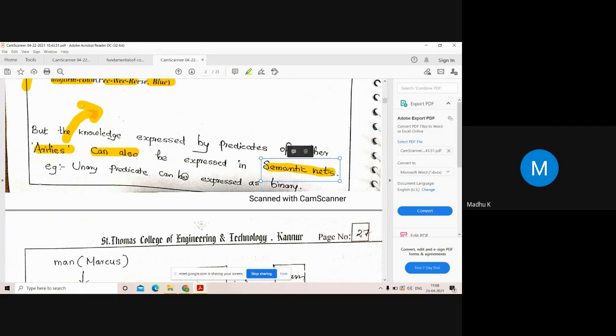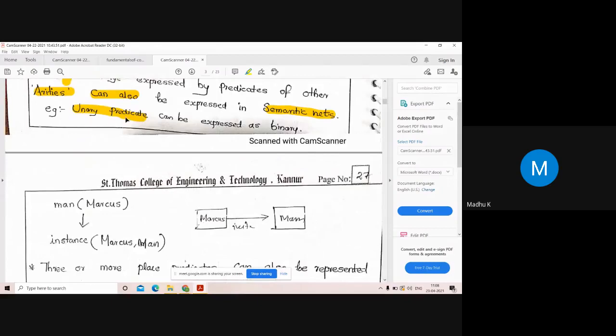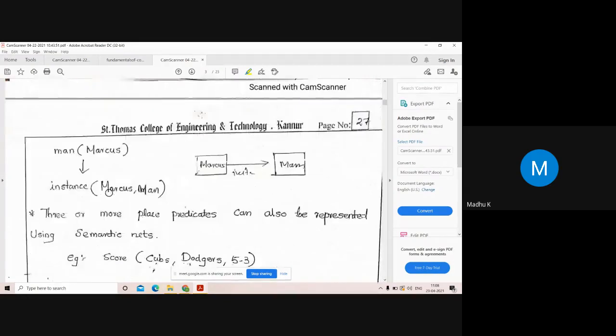For example, the unary predicate case. First, we are taking the unary predicate case. How can we handle it? For example, man(Marcus). This is a unary predicate. What I will do is convert this predicate to a binary predicate. We know Marcus is a particular member of the man class.